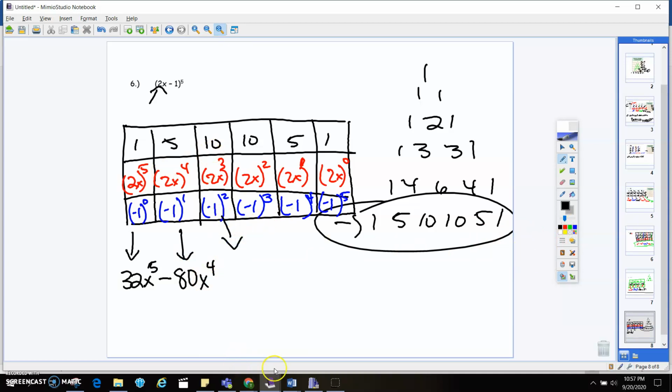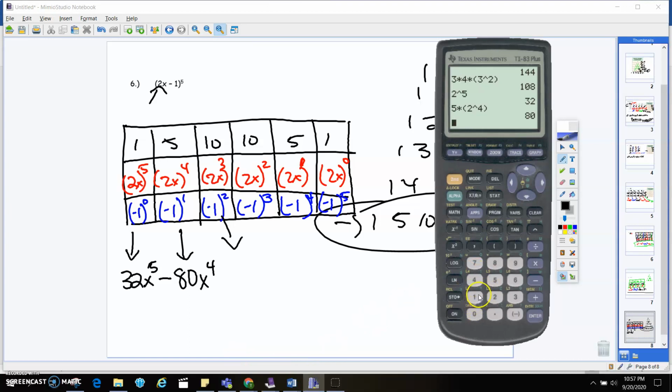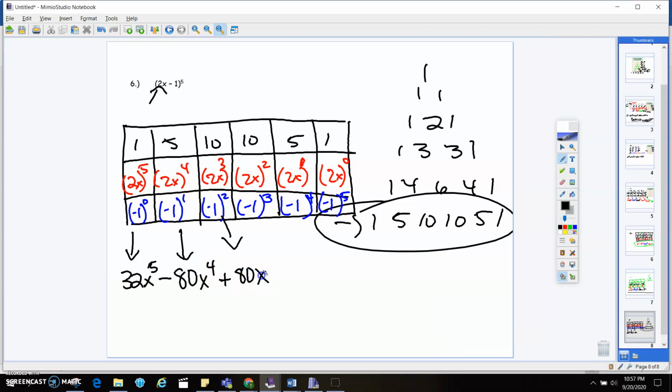This one right here, we're going to multiply out. We're going to have 10 times 2 to the 3rd power. And that's going to give us positive 80x to the 3rd. And the next one is going to give us negative, because -1 to the 3rd power is negative, 10 times 2 to the 2nd, which is 4. 10 times 4 is -40x squared.